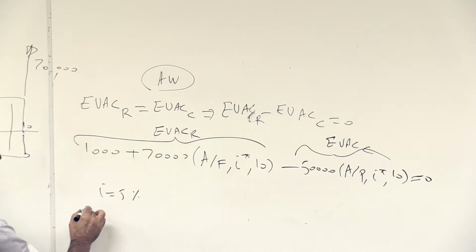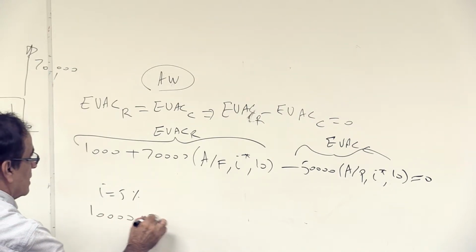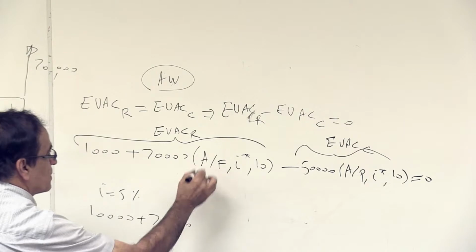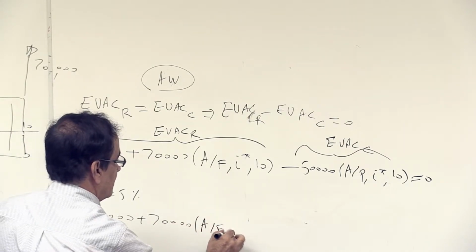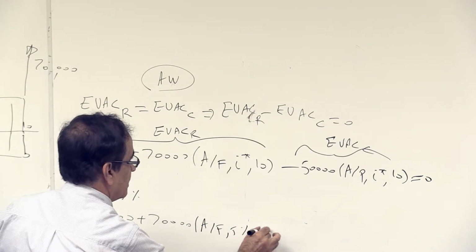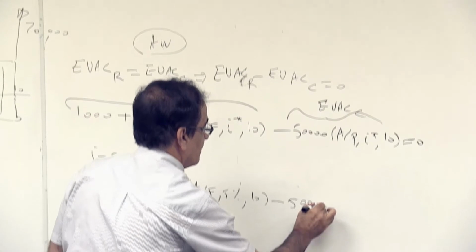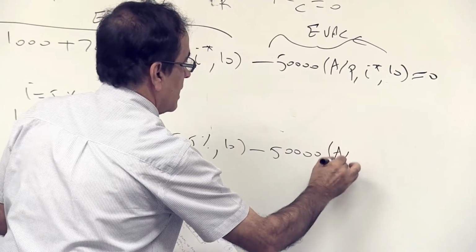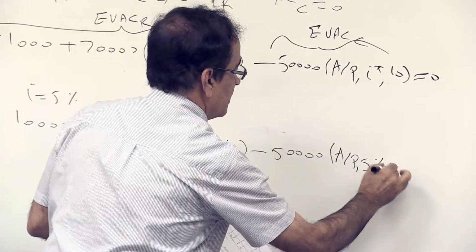So if I do 5%, it's going to be 1,000 plus 70,000, A given F, 5% and 10 periods, minus 50,000, A given P, 5% and 10 periods.